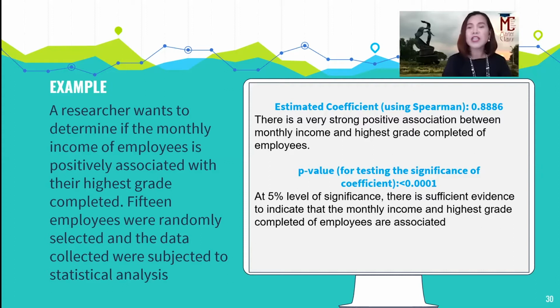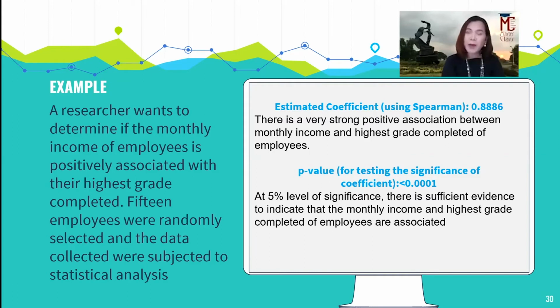I used the Spearman here and the generated coefficient is 0.886 or 0.89. Looking at our table of interpretation, it falls under very strong association. And because I'm not using the Pearson here, I don't use the term linear association.